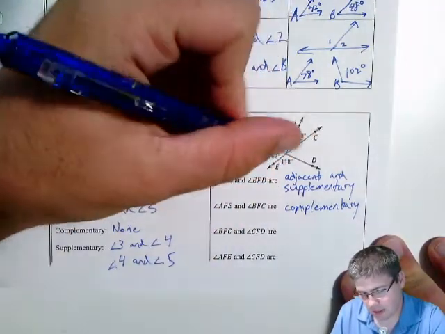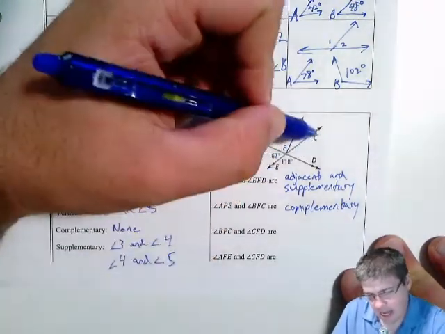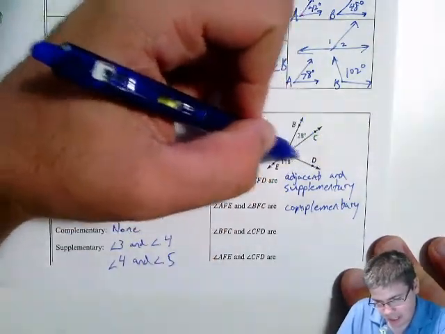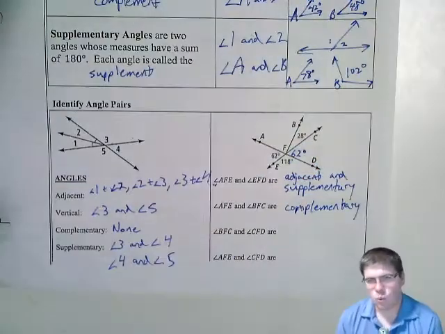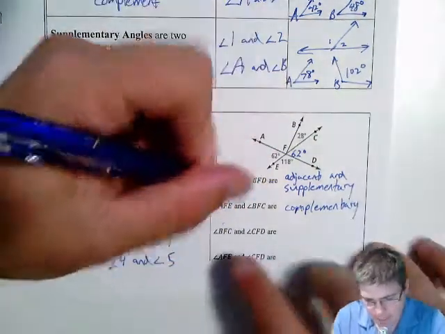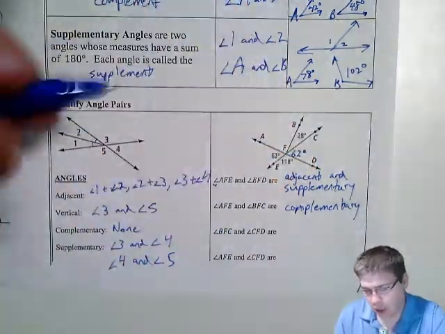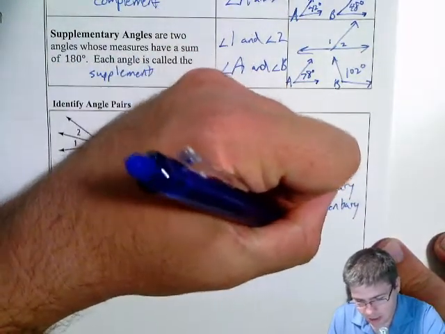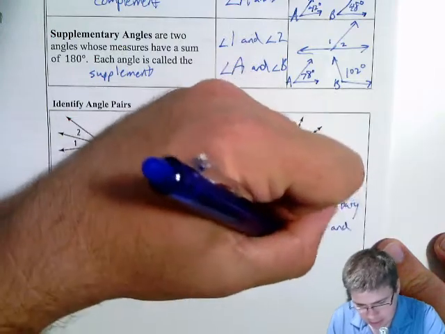One thing we could have realized right away is that this angle AFE is vertical to CFD, and so that is a 62 degree angle as well. At this point, I can see that BFC and CFD are complementary. They're also adjacent and complementary.